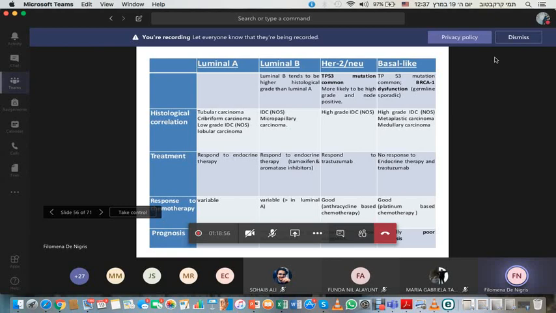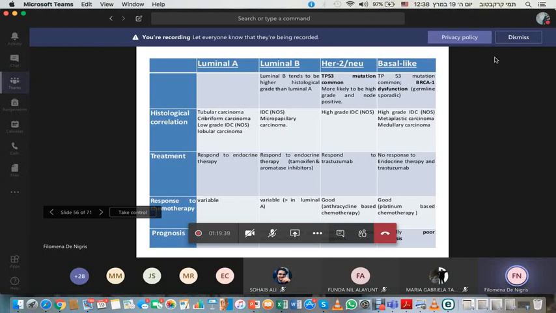They are good responders, but we have to follow the disease using CA15 or mucin-1 in blood, but also with CT and other instruments. Luminal B is higher grade than luminal A. They respond anyway to tamoxifen treatment and aromatase inhibitor. They are generally good responders.